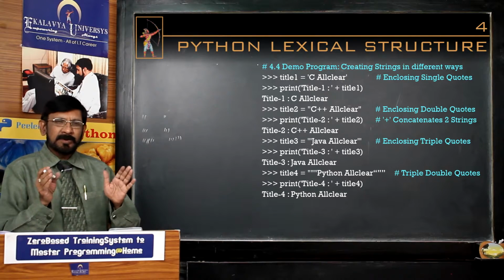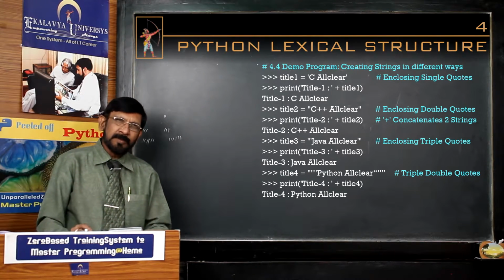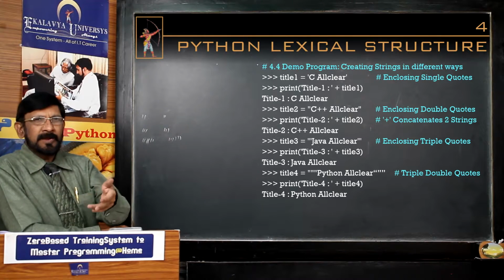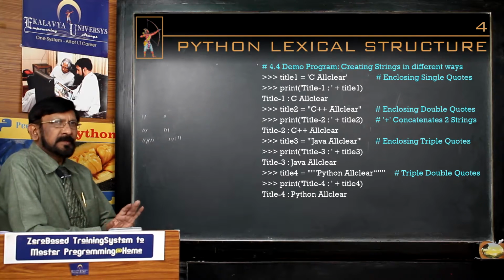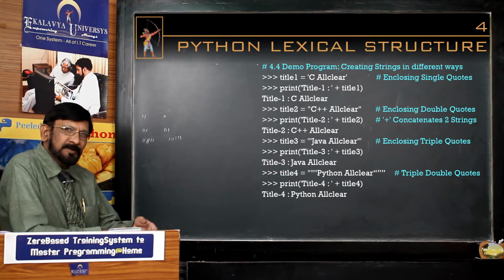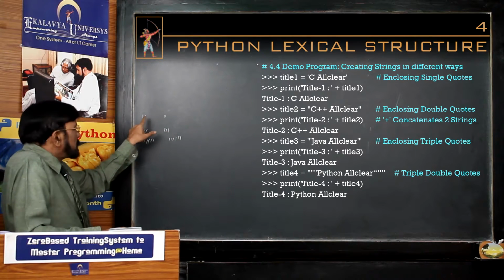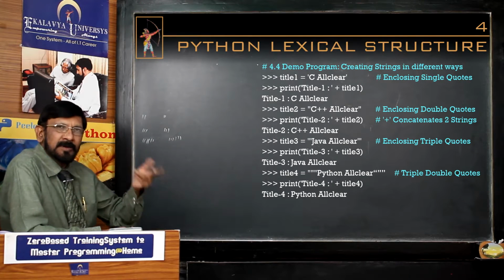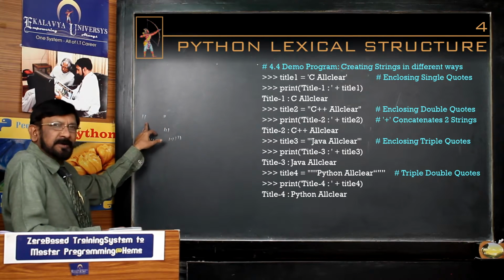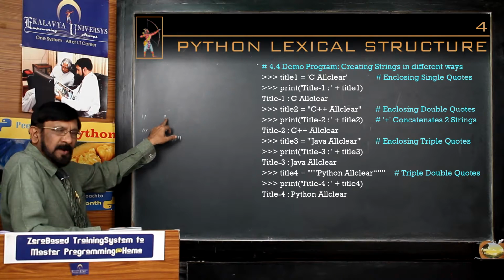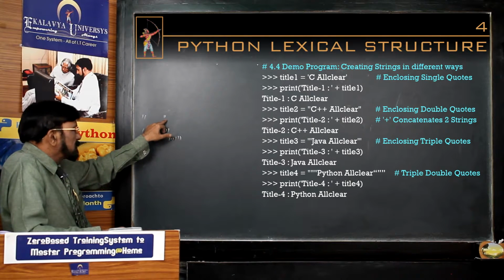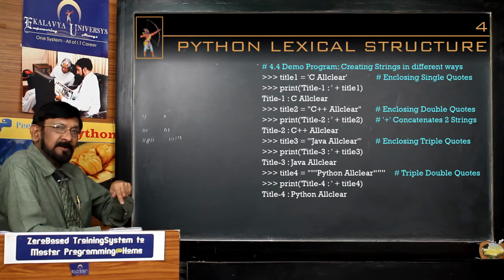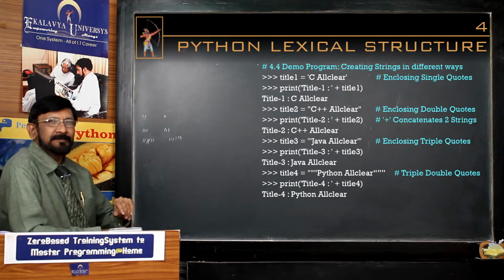A computer is like a blind man. How you give direction to a blind person, in the same way you have to direct a computer. See, once you write a single quote or double quote, it can understand that a string has started, and once you write another one, it can understand that the string has ended.